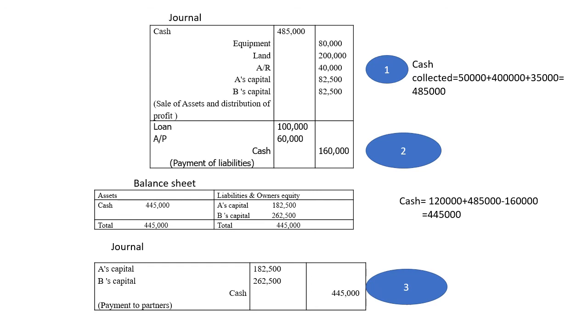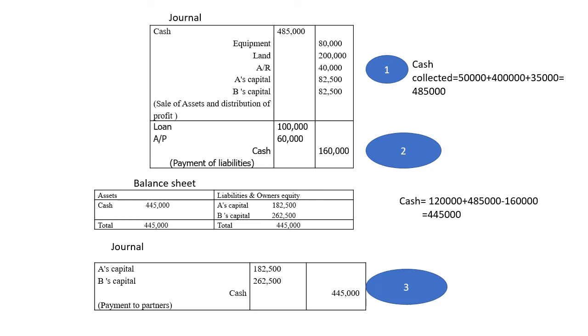For the liabilities and owners' equity side, you notice there are no liabilities anymore. We removed the loan and we removed the accounts payable. They are already repaid. And for the capitals of the partners, the balance of A's capital used to be 100,000.